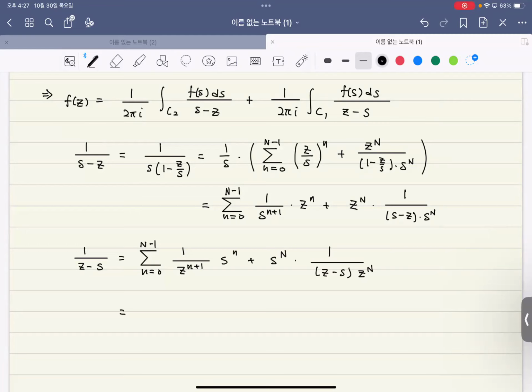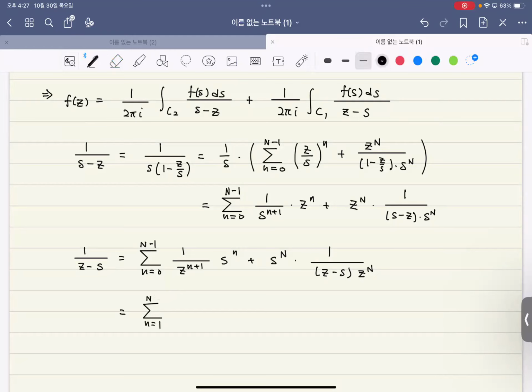But for future purposes, sorry, I should be changing the indices.